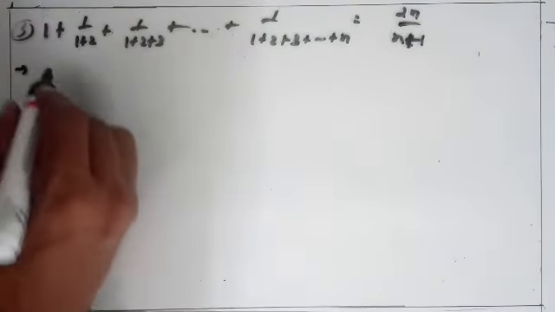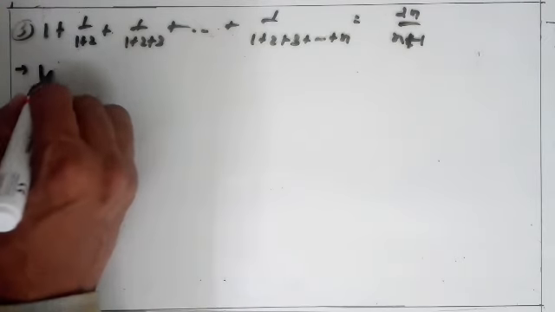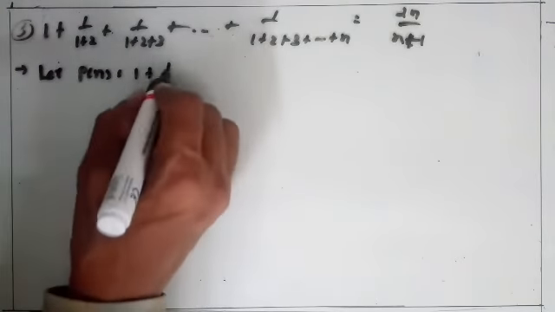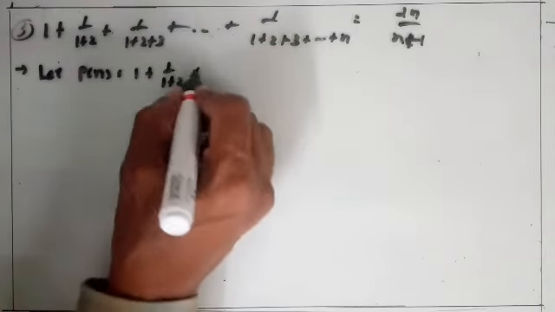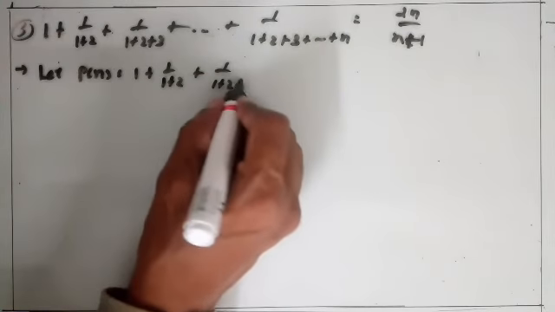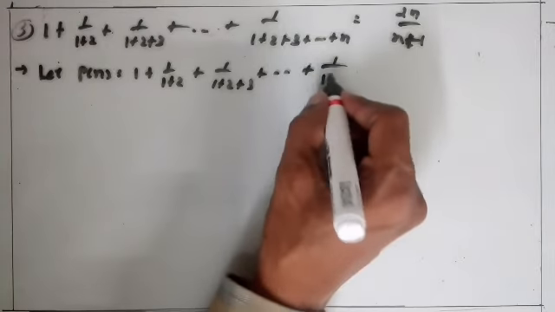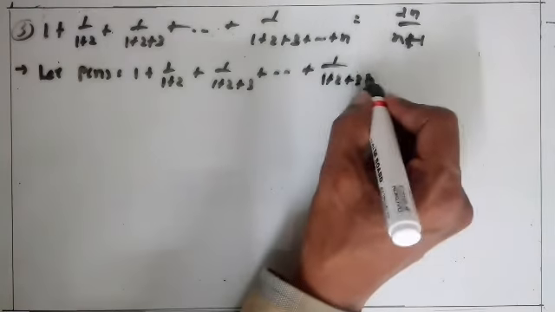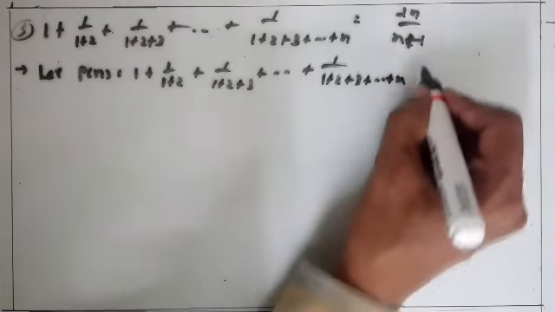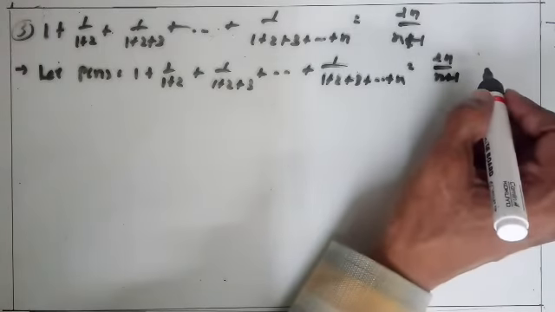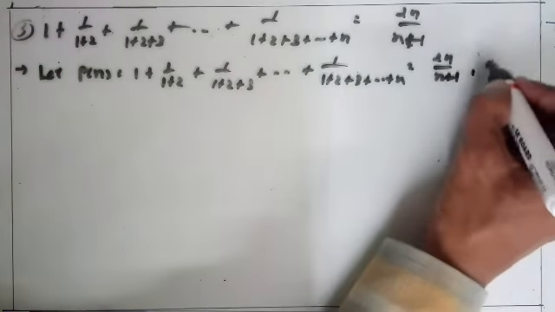For this, denote the given statement by Pn. So let Pn be 1 plus 1 upon 1 plus 2 plus 1 upon 1 plus 2 plus 3 plus up to plus 1 upon 1 plus 2 plus 3 plus up to plus n is equal to 2n upon n plus 1. Clear? Here n belongs to N.